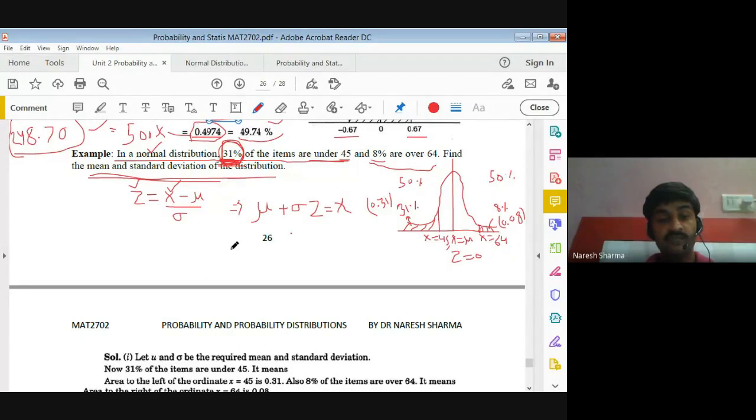Now, what is known to us here? Here we know that the probability of x less than 45 means this region, less than 45, is 31%, and 31% means 0.31, it is given to us.